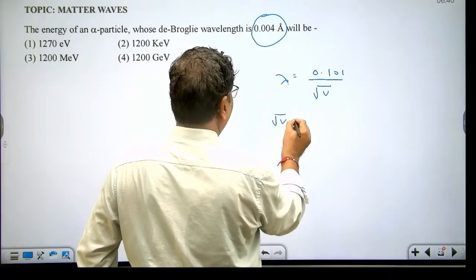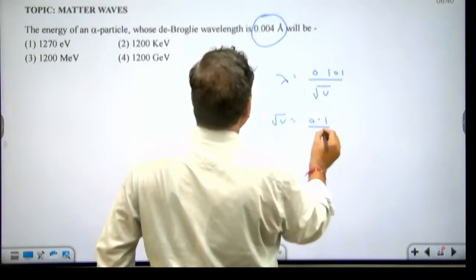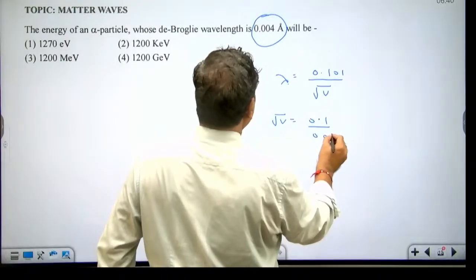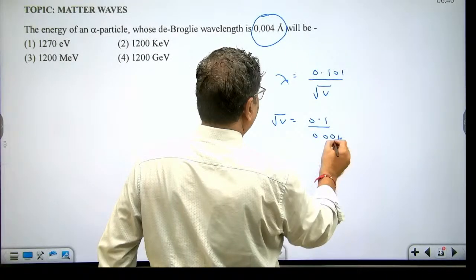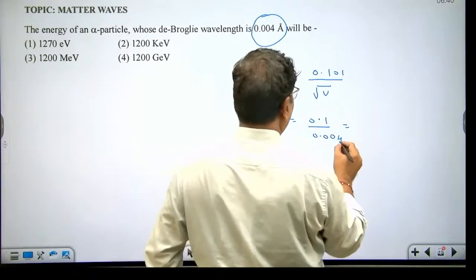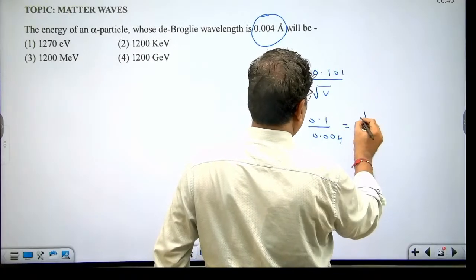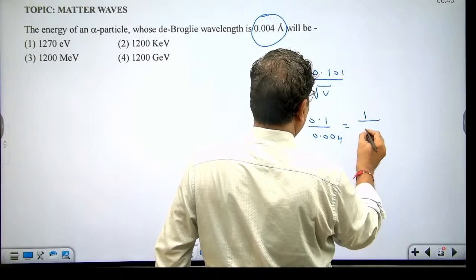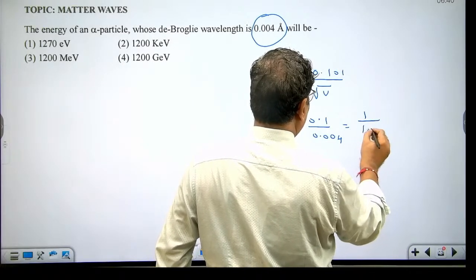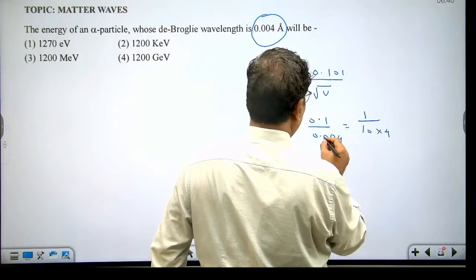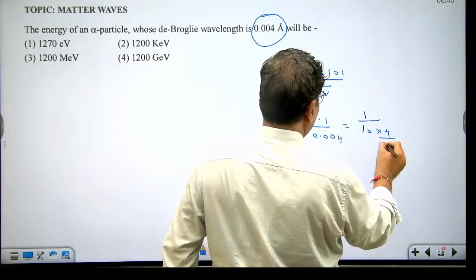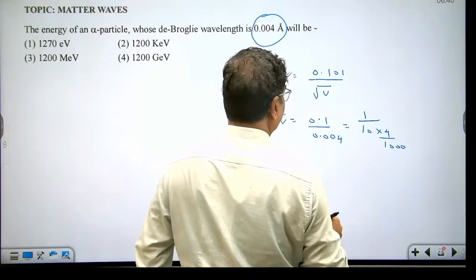So under root V equals 0.1 upon lambda, which means 0.004. So this will come 1 upon 10 into 4 upon 1000.